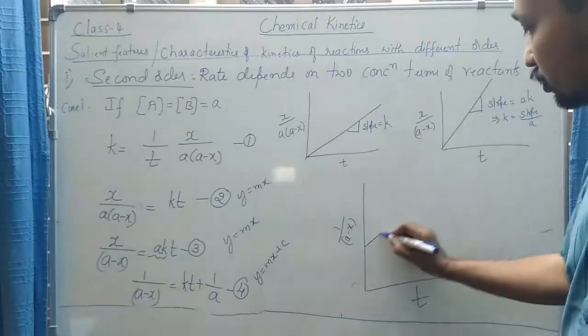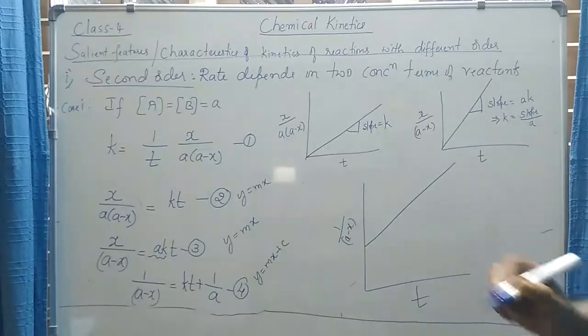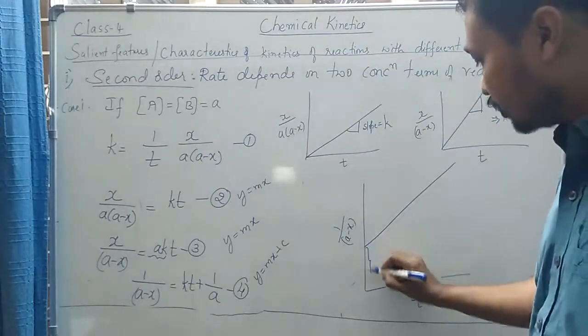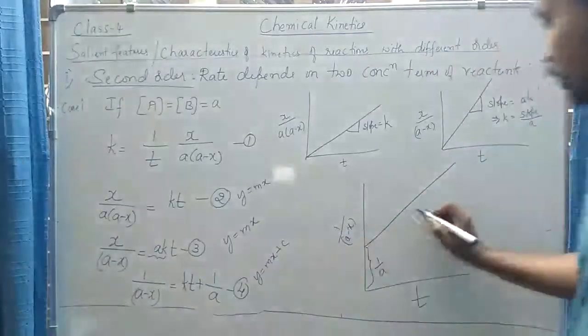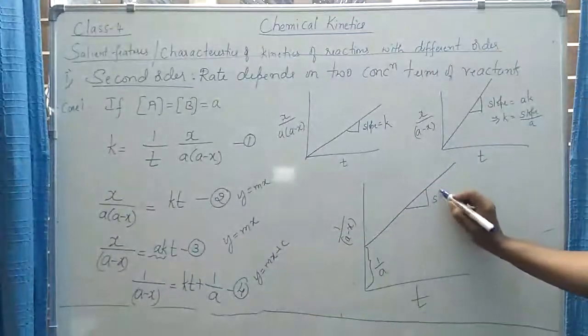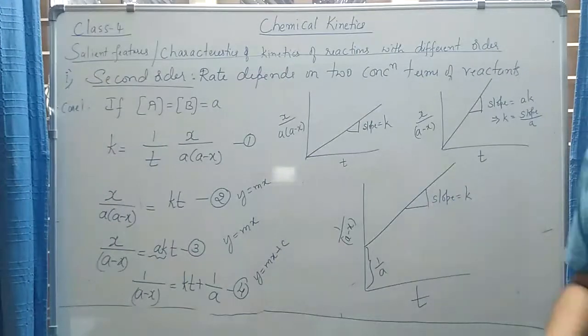You get a straight line not passing through origin and having a positive slope. The intercept of this straight line is 1 divided by a, and the slope of the straight line gives rate constant k.